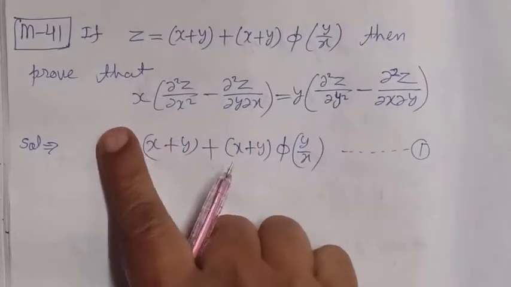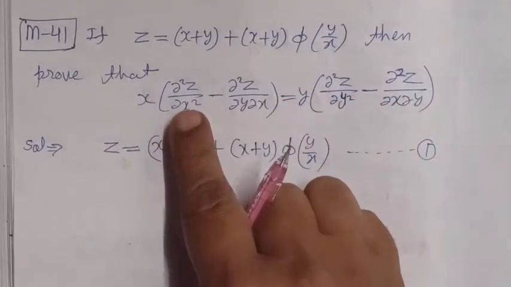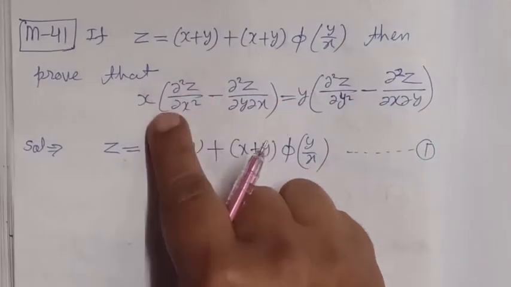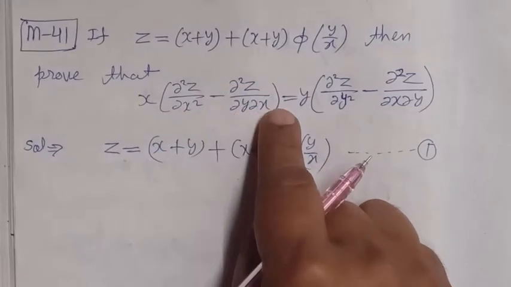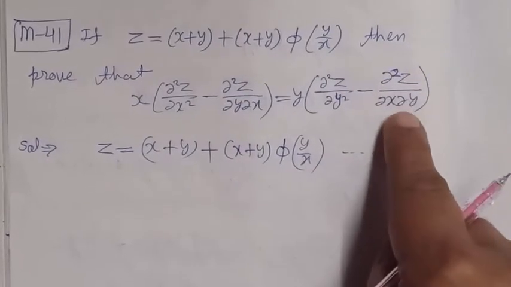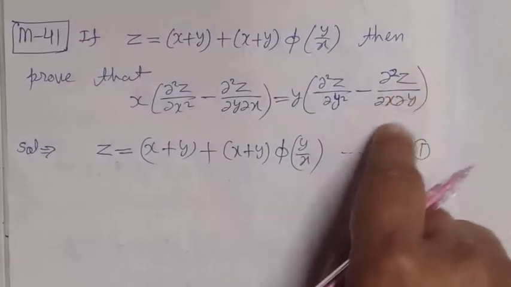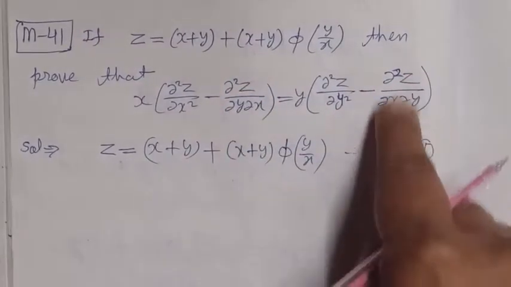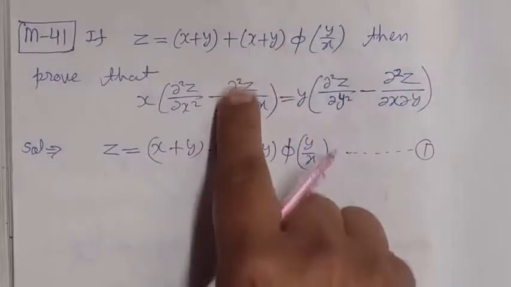To prove this equation, we have to find the value of del 2z over del x square, and del 2z over del y del x, which is equal to del 2z over del x del y. It is not always equal, but for continuous functions these values are equal.